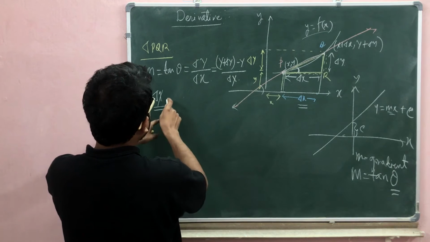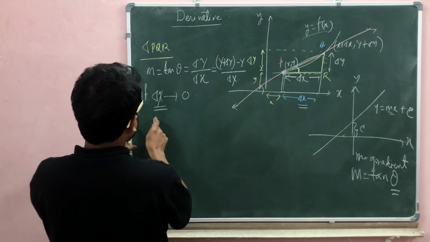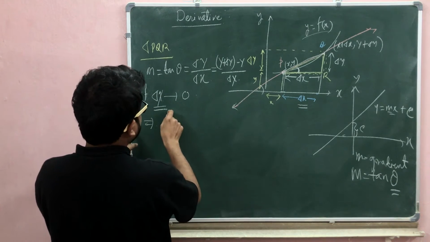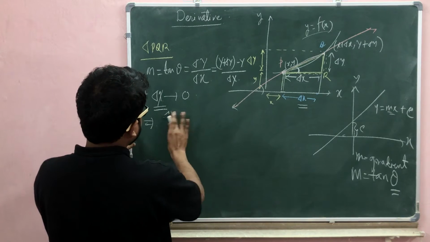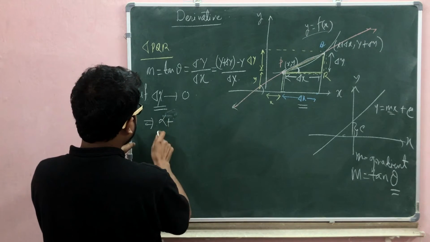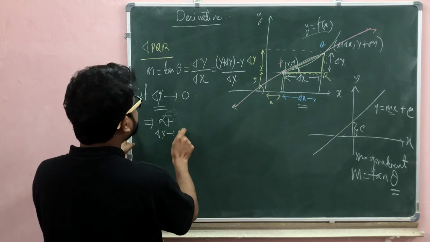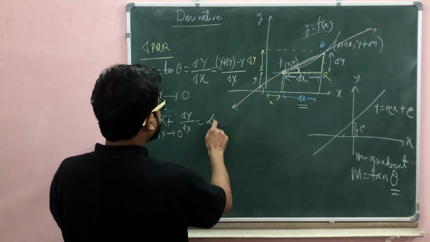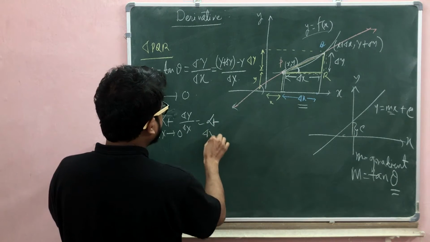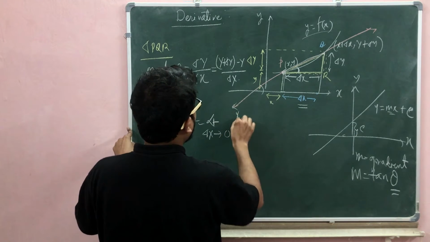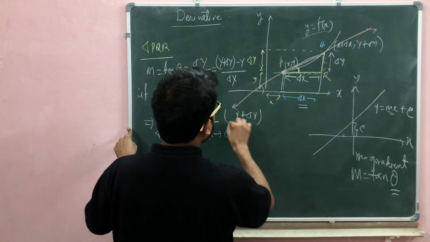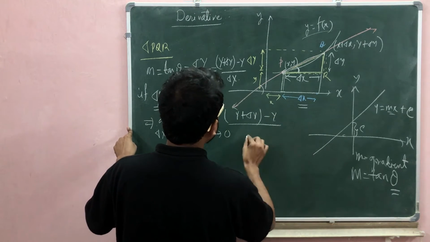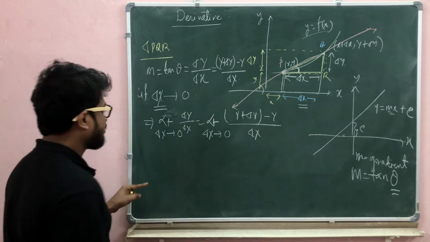So if delta x approaches 0, take the limit as delta x tends to 0 of delta y by delta x, which is also the limit as delta x tends to 0 of y plus delta y minus y, by delta x.